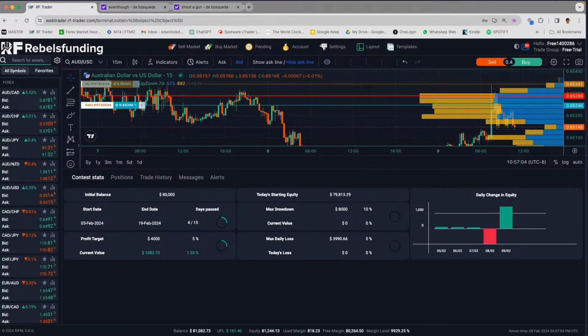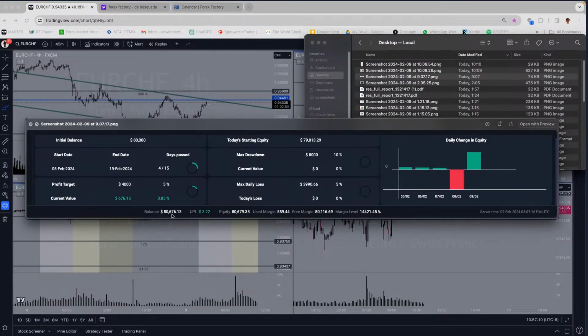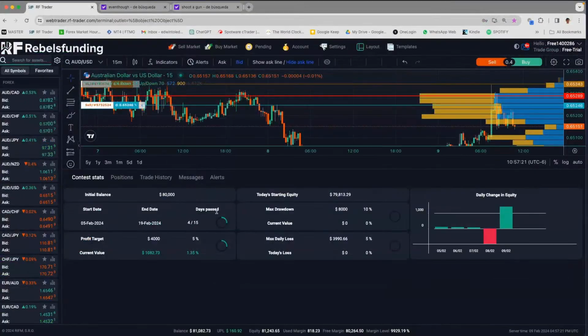But of course we have this screenshot that we took of the account. It started at 80K, $676, right? And right now it's standing at closed trades 81,082, right? So let's do the math.